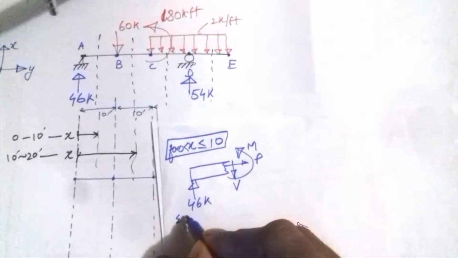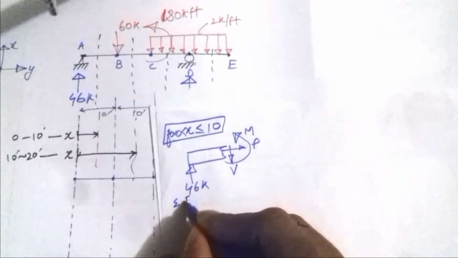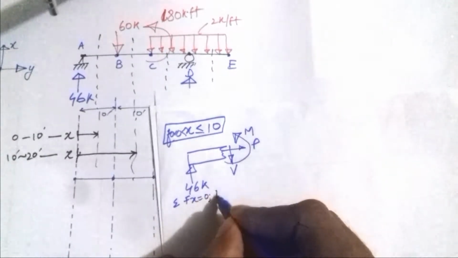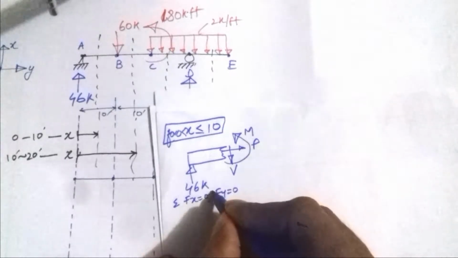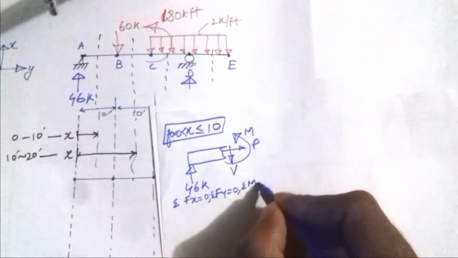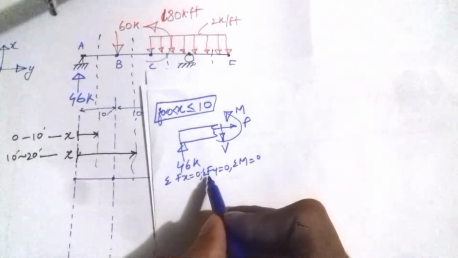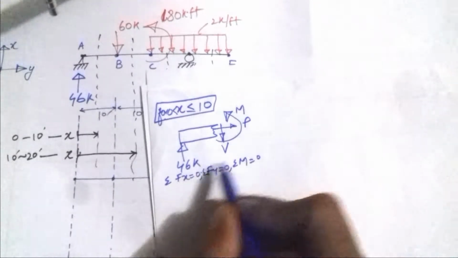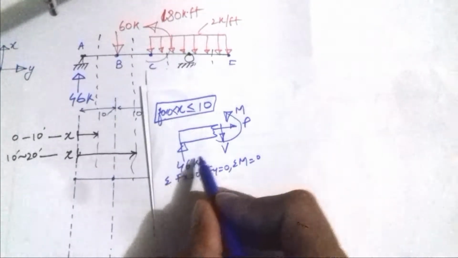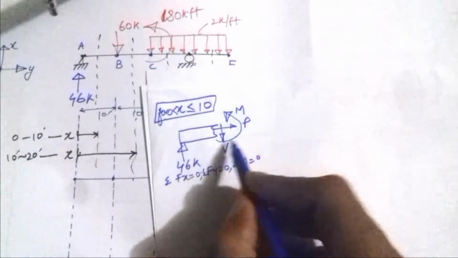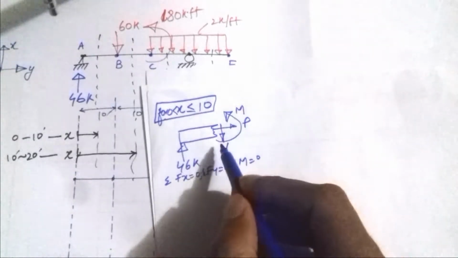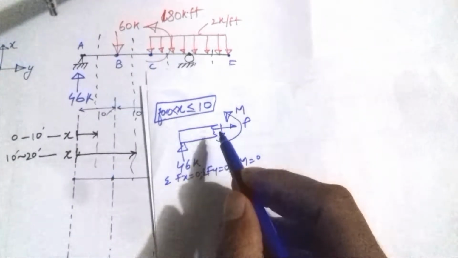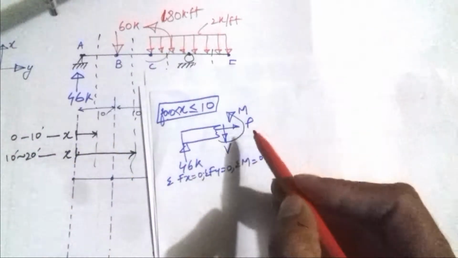So using the same equations of equilibrium, summation Fx equals 0, Fy equals 0, and summation M equals 0. Here only vertical forces exist, so I am taking the downward force as positive. These are the positive internal forces at some point, so I'm taking these forces as positive.